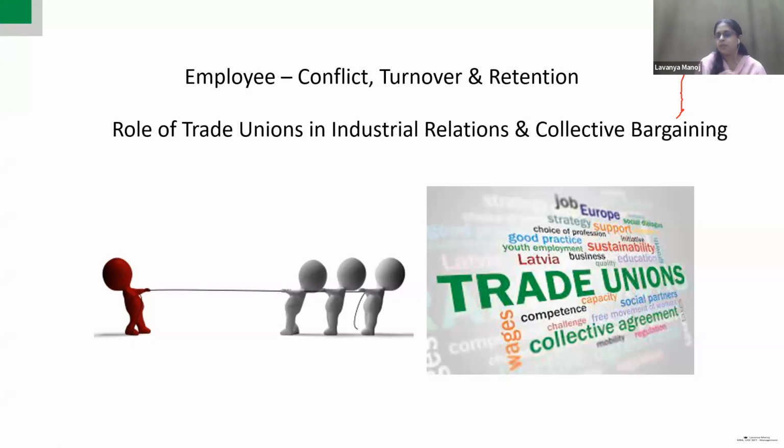We are going to brush up on those few aspects and terms, and a few other things we are going to see in detail before we go through trade unions and the role of trade unions in resolving employee conflict or management employee conflict, in collective bargaining and in maintaining good industrial relations.